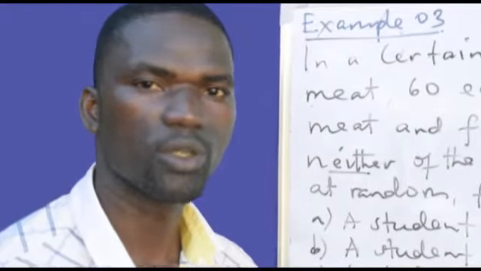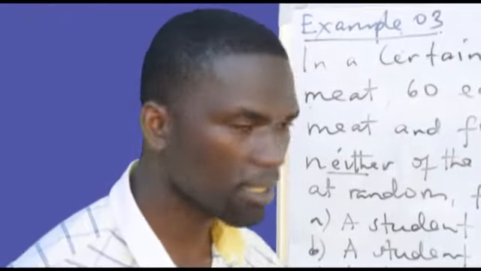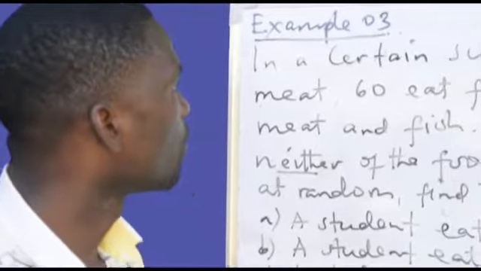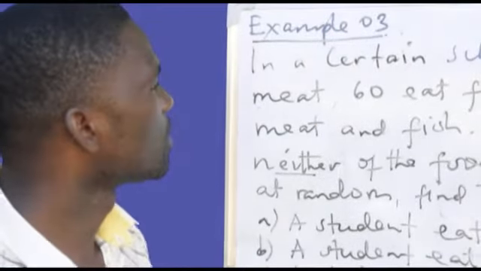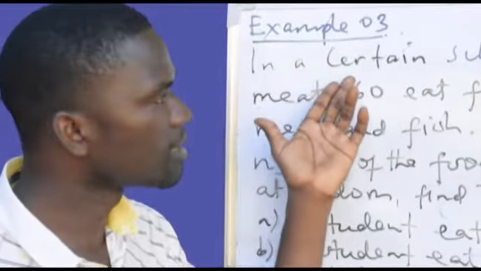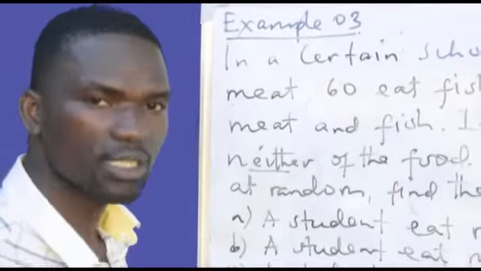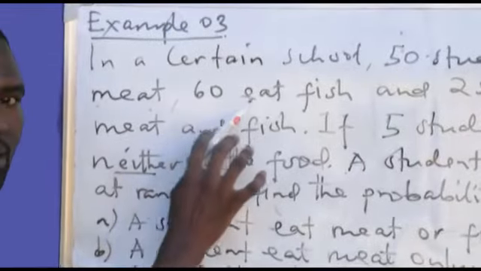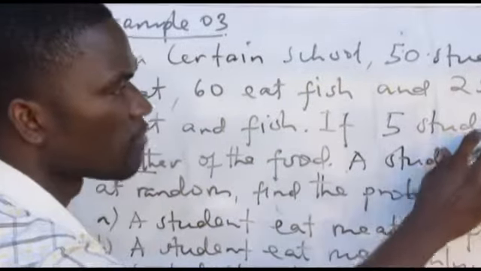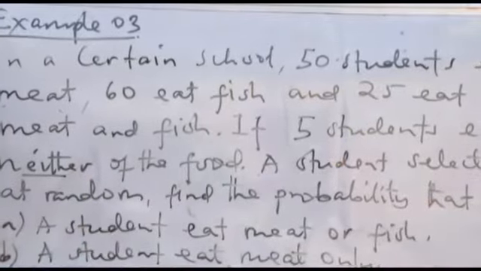We are continuing with solving example number 3, which is this one. This example said that in a certain school, 50 students eat meat, 60 eat fish, and 25 eat both meat and fish.